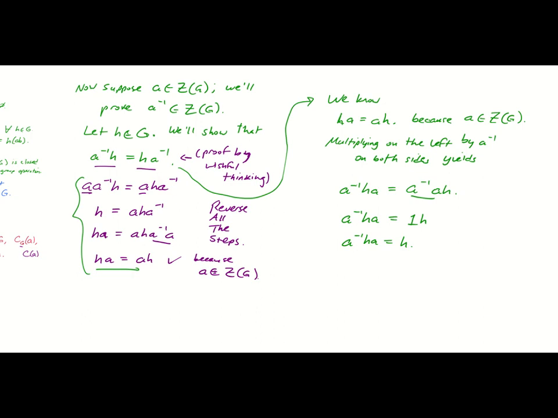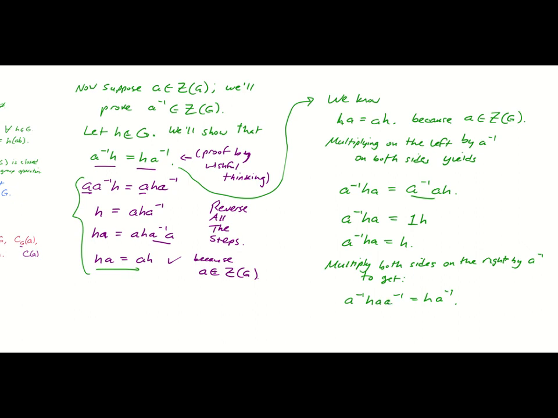But now I would also like to have an inverse on the right side, so I'm going to multiply both sides on the right by A inverse. So then I get A inverse HA A inverse equals H A inverse.